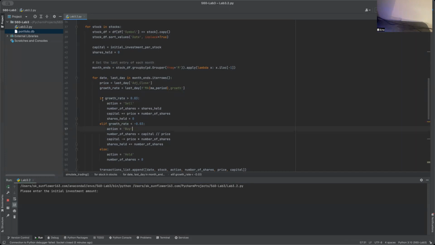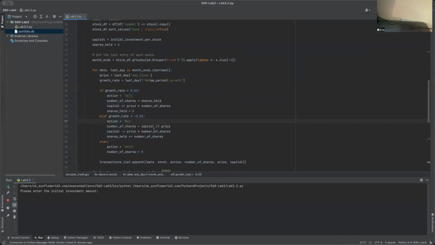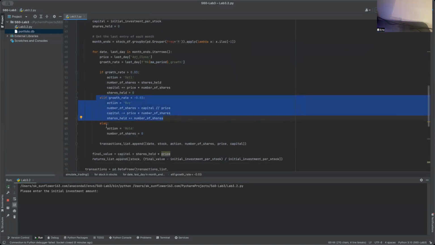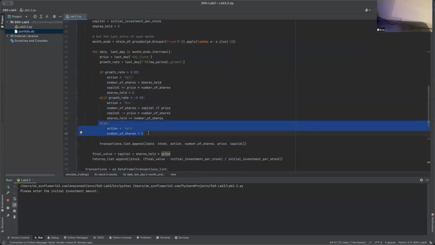And the criteria is if the growth rate of the moving average is more than 3%, then we sell. If it's less than negative 3%, then we're going to buy. And if it is within that range, we are not going to do anything. So basically just hold.